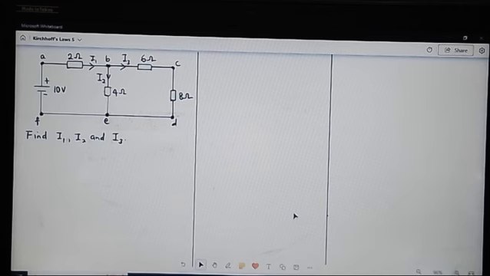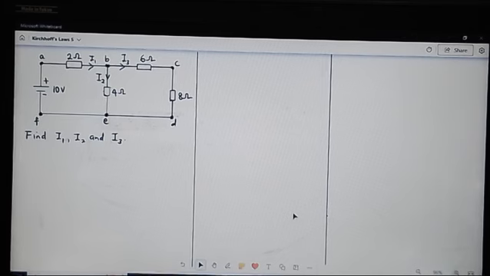So in this particular problem, we have a circuit which is being displayed on the screen. We have a circuit comprising some resistors. The whole circuit comprises two separate loops.